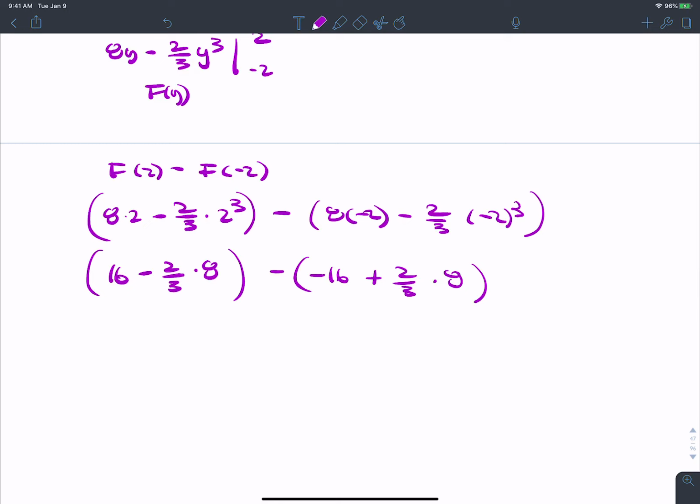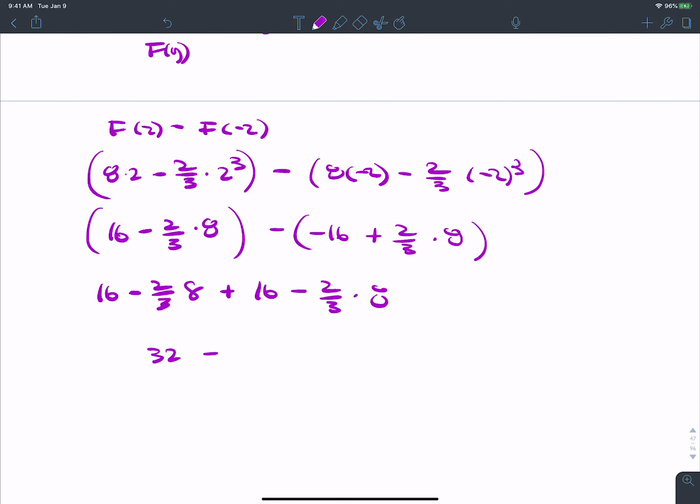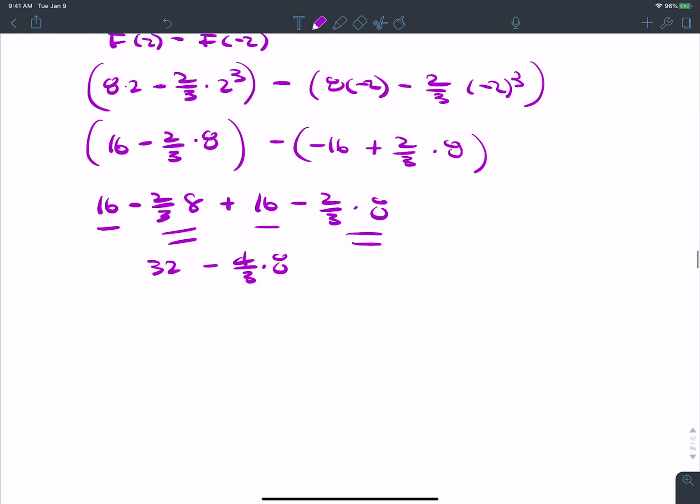Okay, so I'm going to just remove my parentheses and distribute. So it looks like I got 32 minus 4/3 times 8. Is that right? Because I combine these two terms and then these two terms. And that's going to give me 32 minus 32/3.